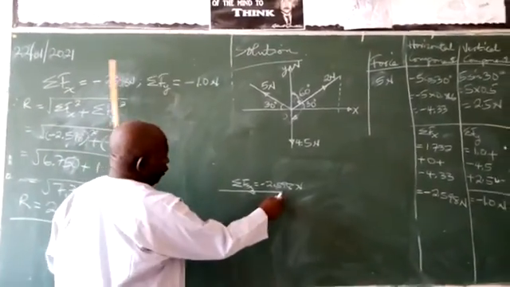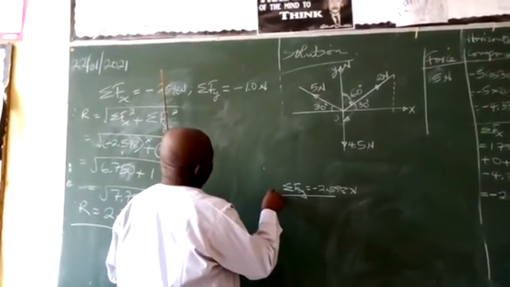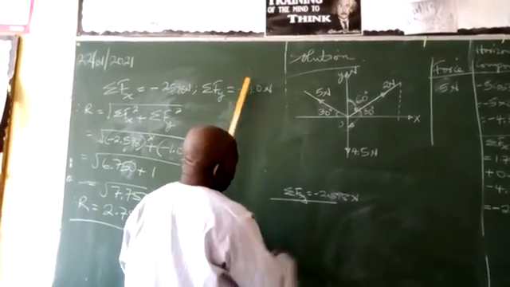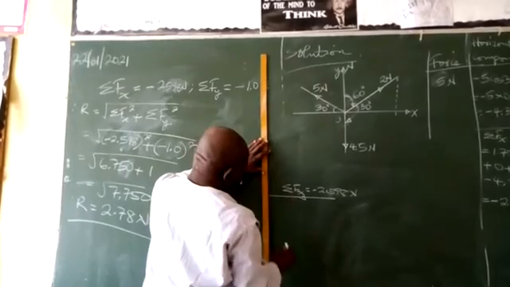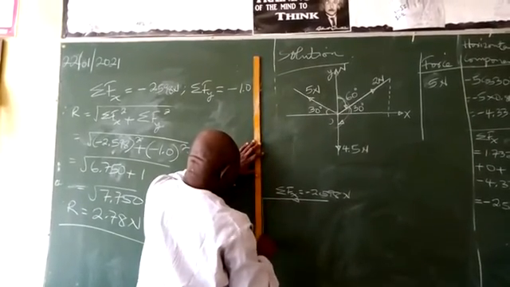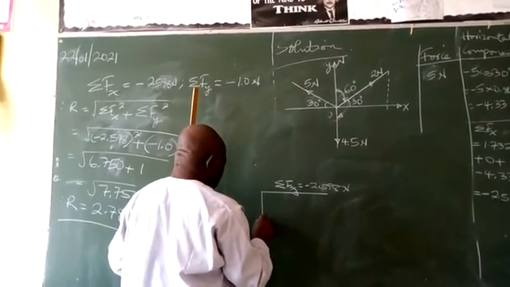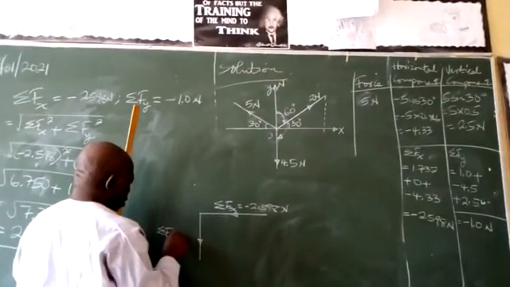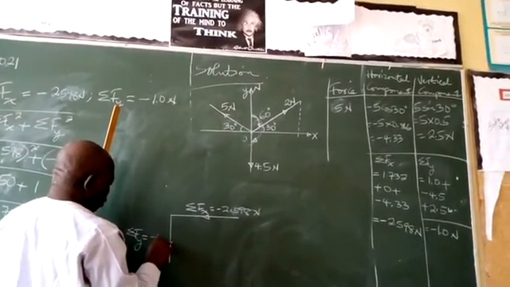Then from the head of summation f of x, we draw a vertical line downward, in the negative direction of the y-axis, because it is negative. So that is summation f of y equal to minus 1 Newton.